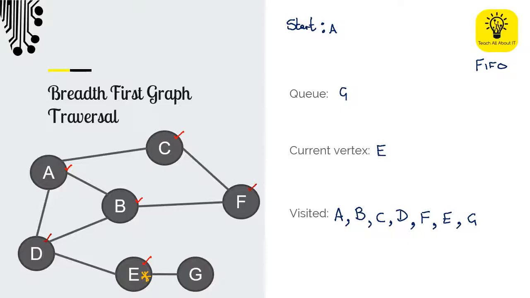There's no other nodes, so we dequeue G, change that to our current vertex, and move this one over here. We have visited G, so at this point we have nothing left in our queue. Our queue is empty, so if there is nothing left in the queue and there are no other nodes to visit, that means we have traversed the whole of the graph.